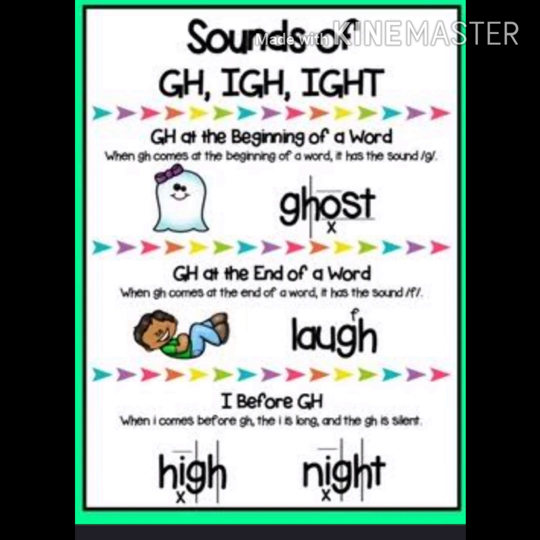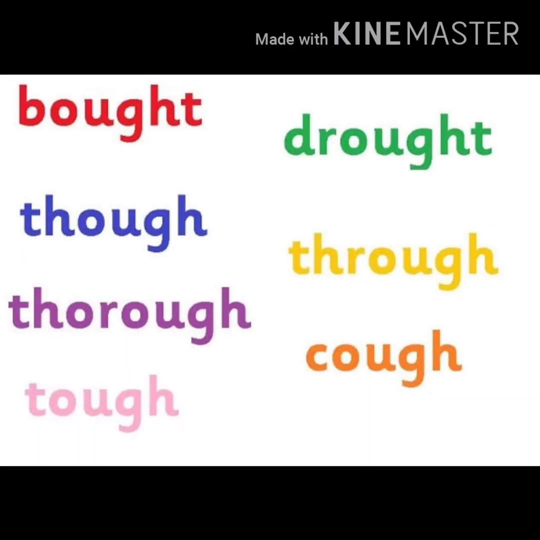At the end of the word, sometimes we say laugh. GH is pronounced as laugh. And when an I comes before the GH, we actually don't pronounce it at all. So we say high, or night, eight, and so on. Fine, let's have a look at these words and try to pronounce them.